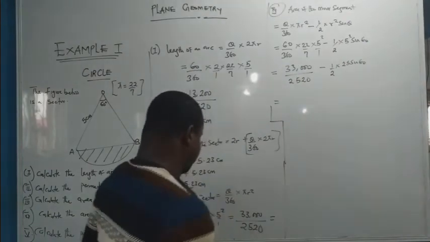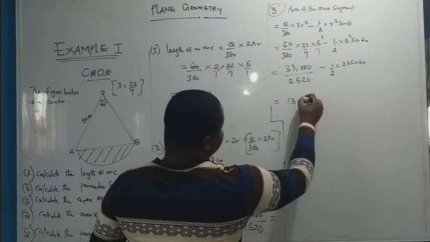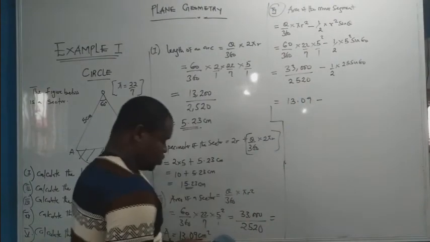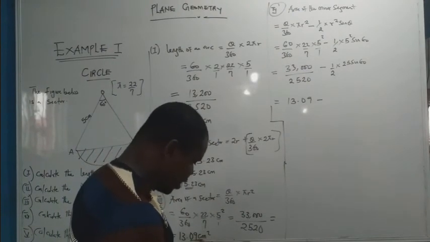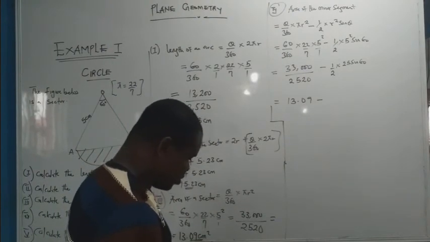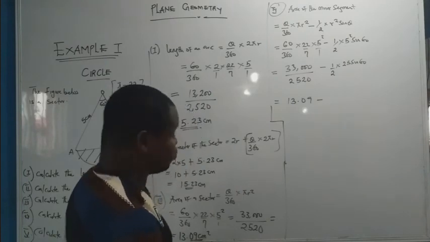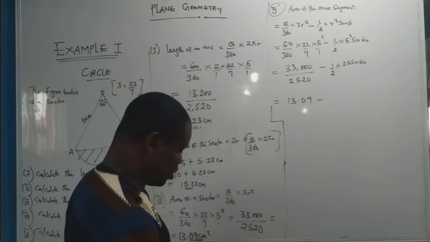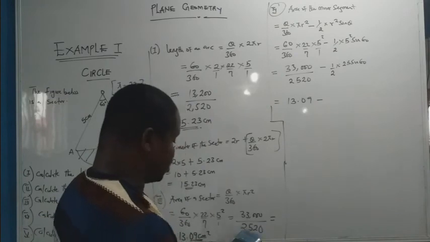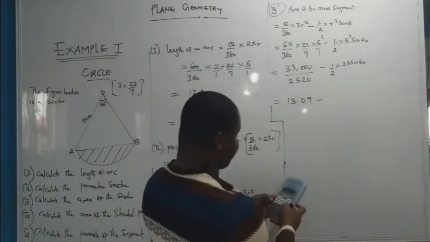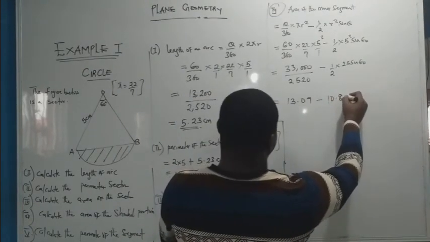So this will give us this value, which is 13.09 minus 25 sine 60, and you have 21.65 divided by 2, and you have 10.83.